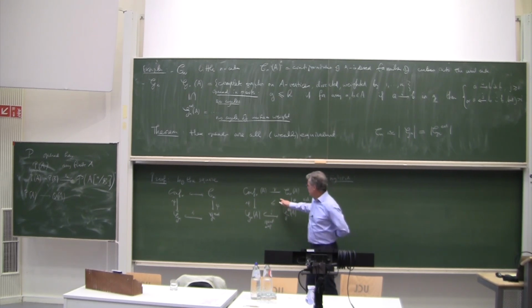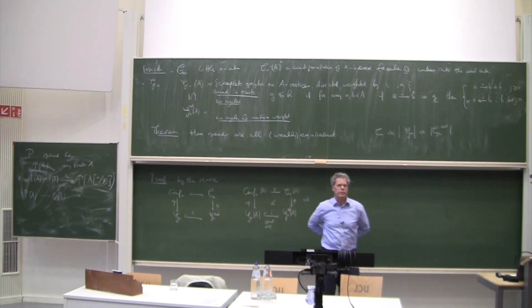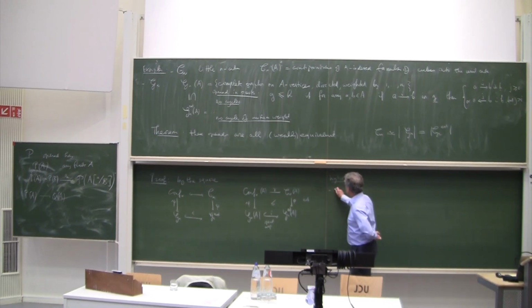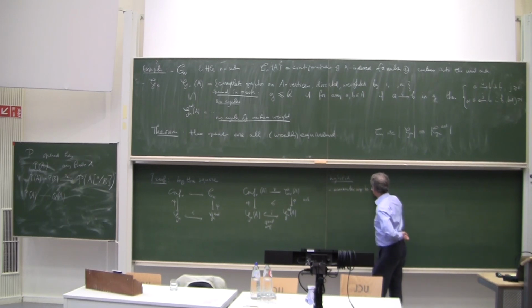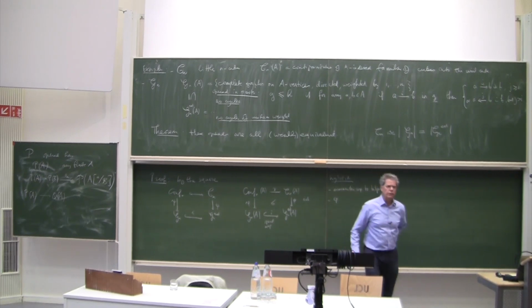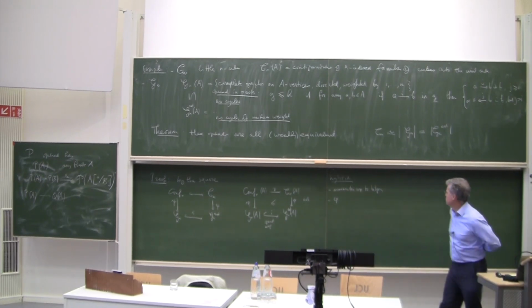So it commutes up to inequality, so if you realize, it will commute up to homotopy. Okay? It commutes up to homotopy. The map phi, I will give you the definition of phi, that's important.